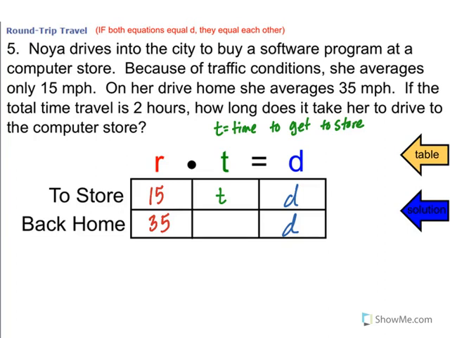So if I want to figure out just the time it took to get back, I would take the 2 hour total time and subtract the time it took to get to the store. So I would take away t. So my time to get back home would be 2 minus t.